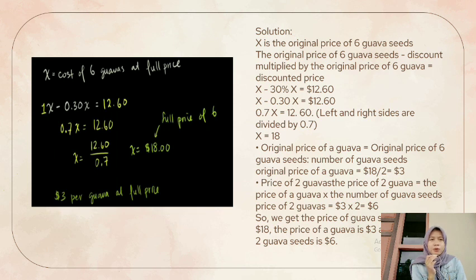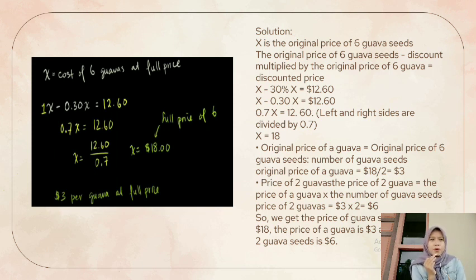So 0.7x equals 12.60. Left and right sides are divided by 0.7 and x equals 18.